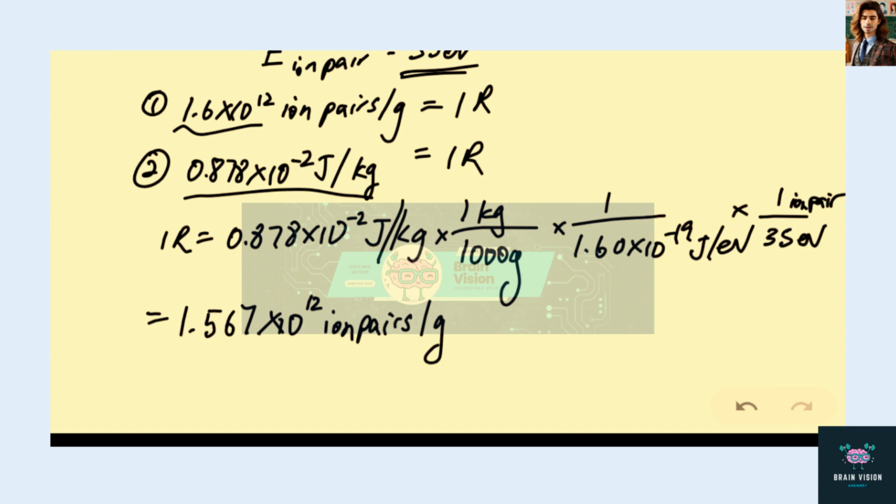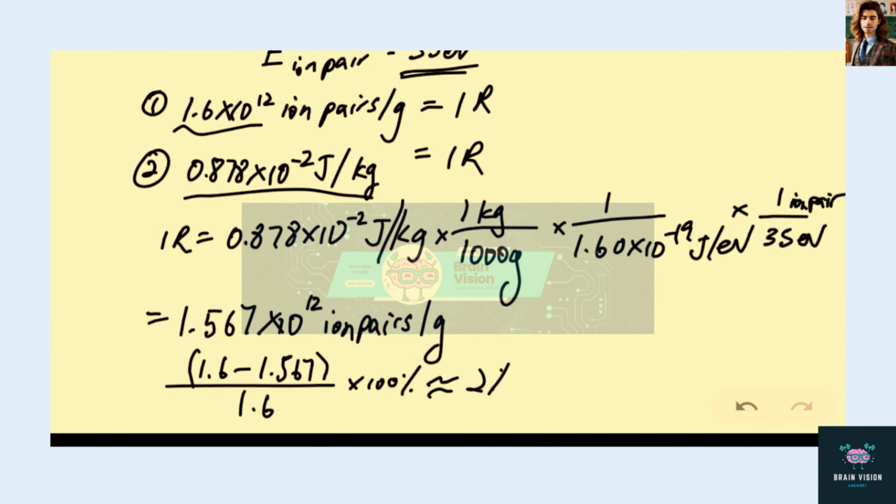So if you were to just check how close they are, it's by taking the difference, 1.6 minus 1.567, divided by 1.6 times 100%. We see that they are about 2% different from each other. So the value of 35 eV is consistent with our two different definitions of Röntgen.